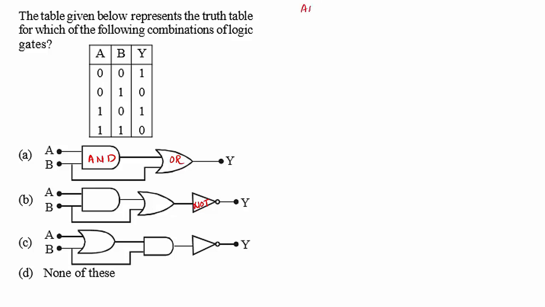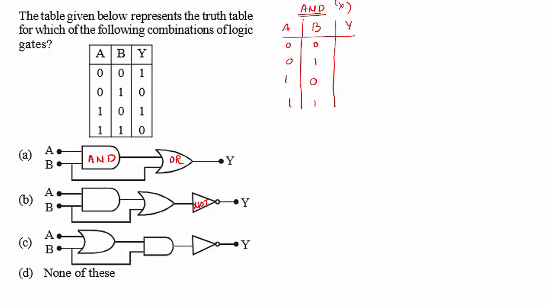So for the AND gate, I can write the truth table. First, I am going to write the input values: 0 0, 0 1, 1 0, 1 1. These are the input values. For AND gate, it is just like a multiplication.